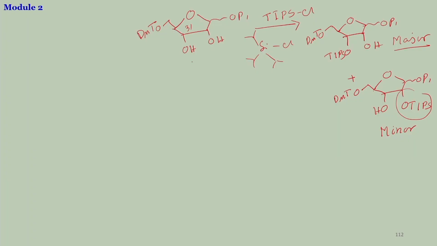If you really want the 2' position to be selectively protected, there are other ways to do it. You can figure them out. You can do individual protection, deprotection, and likewise you can play around with the same protection and deprotection chemistry we have already done here, and then find a proper method, but that will require more steps, I guess.